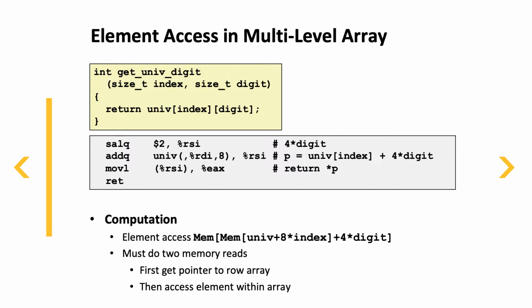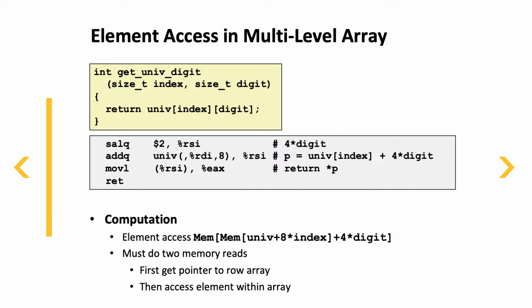And that'll give us 4 times the digit. Well, what's that do for us? Remember, all of our zipdig arrays are integer arrays, so that just gives us the element in whichever array we end up looking at, right? Each of those are 5-element integer arrays. So multiplying by the size of an integer, or 4 bytes, times the index we want to go to, gets us to the appropriate memory offset within that individual internal array.